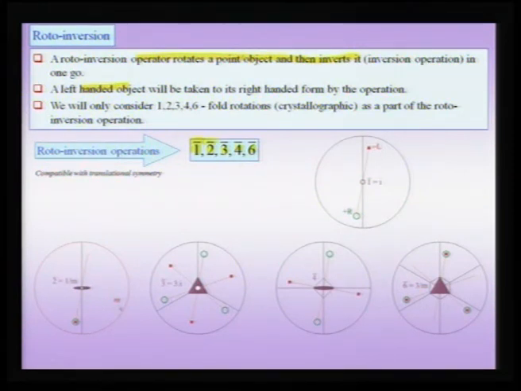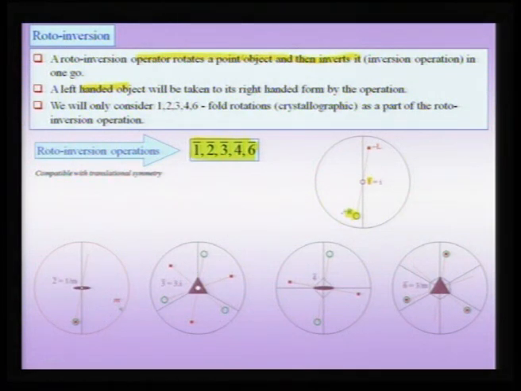So therefore, the roto inversion operations I need to consider are the ones which are highlighted here, which are the 1 bar, 2 bar, 3 bar, 4 bar and 6 bar, and let us see how these operators act when you start at the general point. So suppose I start with the right-handed object above the plane, then the 1 bar operation implies that I rotate by 360 degrees.